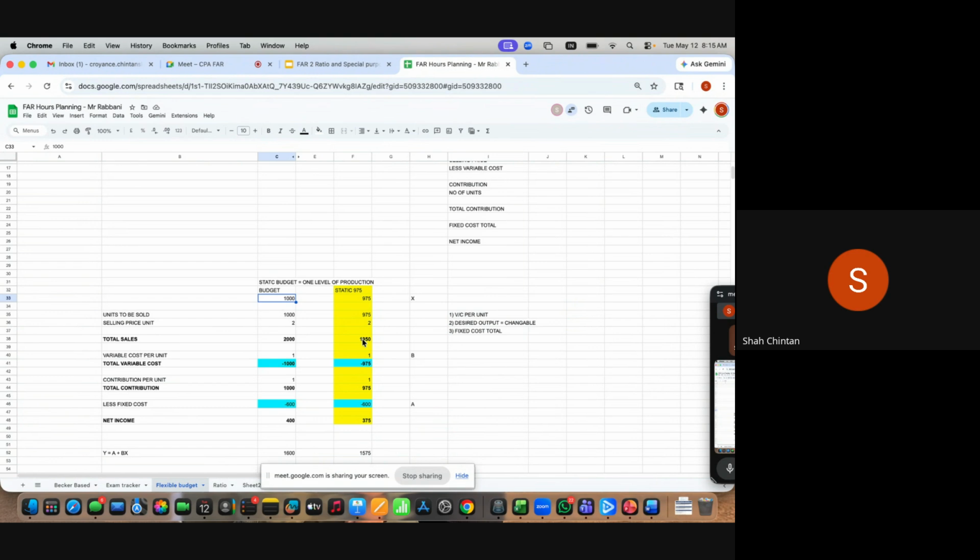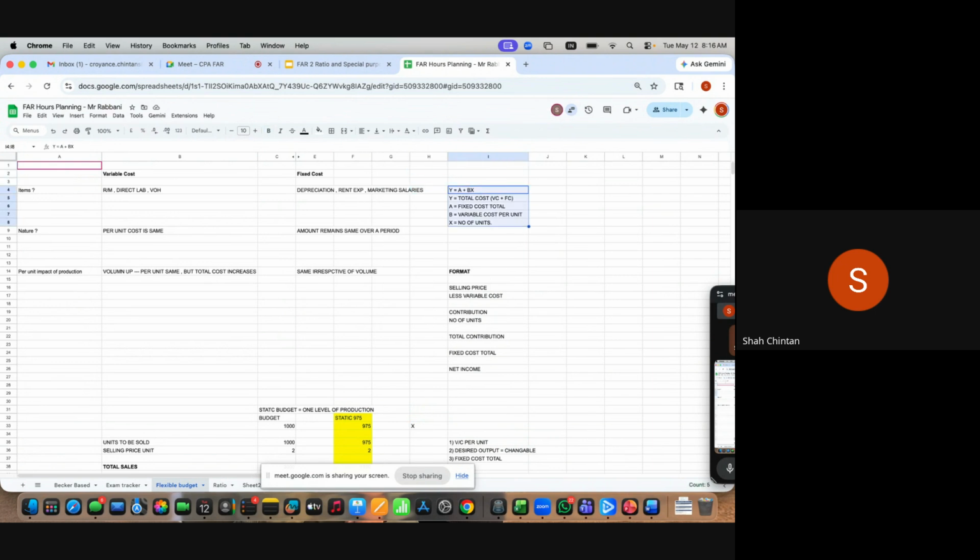But because your flexible budget came into the picture, आपका fixed cost तो हर एक लेवल पे सेम रहेगा, वेरिएबल कॉस्ट पर यूनिट आपका सेम रहेगा, जस्ट आपका जो नंबर ऑफ यूनिट्स है which is your x, this will only get changed and you will automatically keep on getting the results.